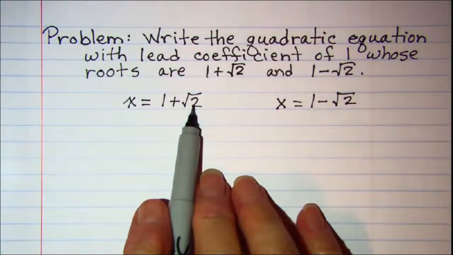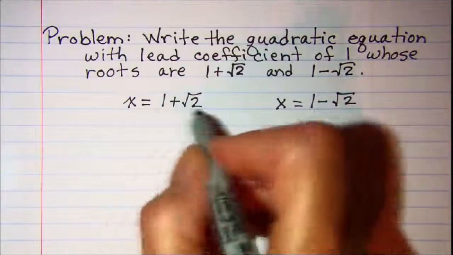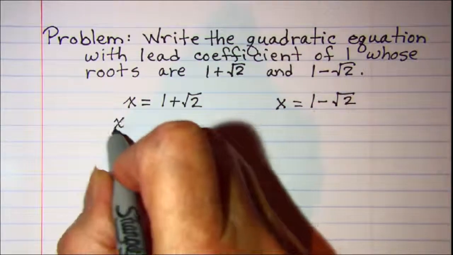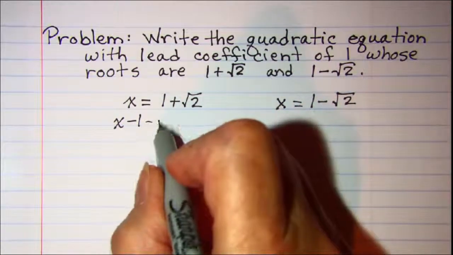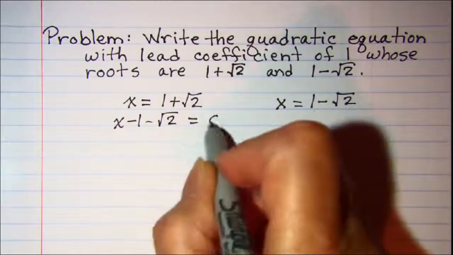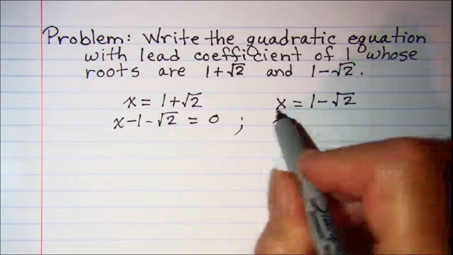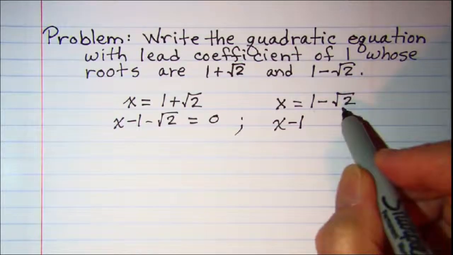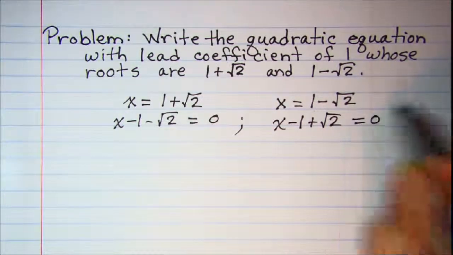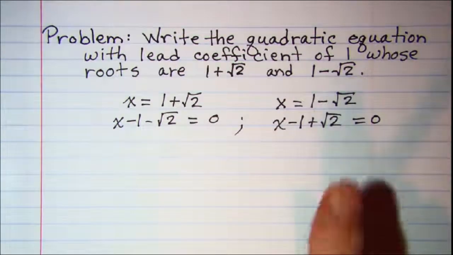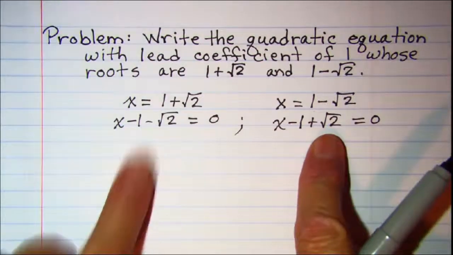Then we need to get 0 on the one side, so we'll move these over, x, and then this will be a -1, and a minus radical 2 equals 0. And on this one we have x - 1 when we move it over, and plus square root of 2, and that equals 0.